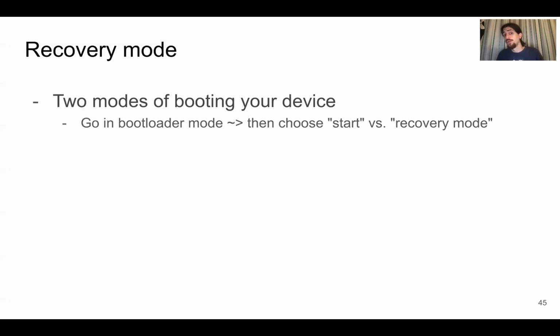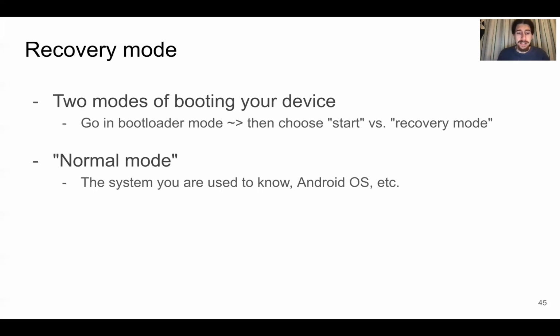First of all, you go to bootloader mode, which is what we've seen before. Then you choose from two options in this menu: either start or recovery mode. If you do start, it is the normal mode. Basically, the system that you used to know, you start the Android system, and then there is a login screen and things like this. Okay.